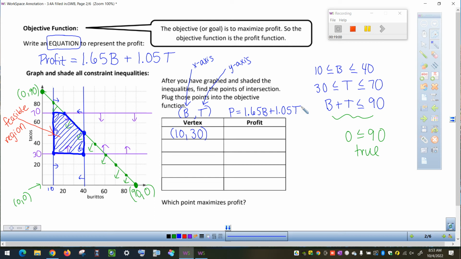That's a nice way to keep things organized. Okay, so here's what it's going to look like when I plug it in. And I might need a calculator. You might need a calculator when you're testing these combinations. So let's do $1.65 multiplied by 10 burritos. Let's do $1.05 multiplied by 30 tacos.